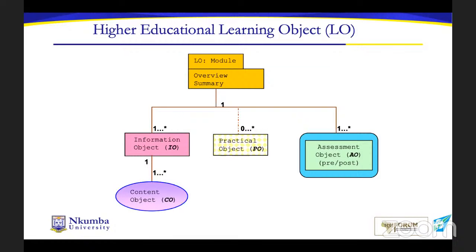So as you design, you need to think about this. But you may find there is some content here that may relate with another information object, that you do not have to repeat the same content. If it's the same video explaining the same content in more than one topic, why should you have to reinvent the wheel?